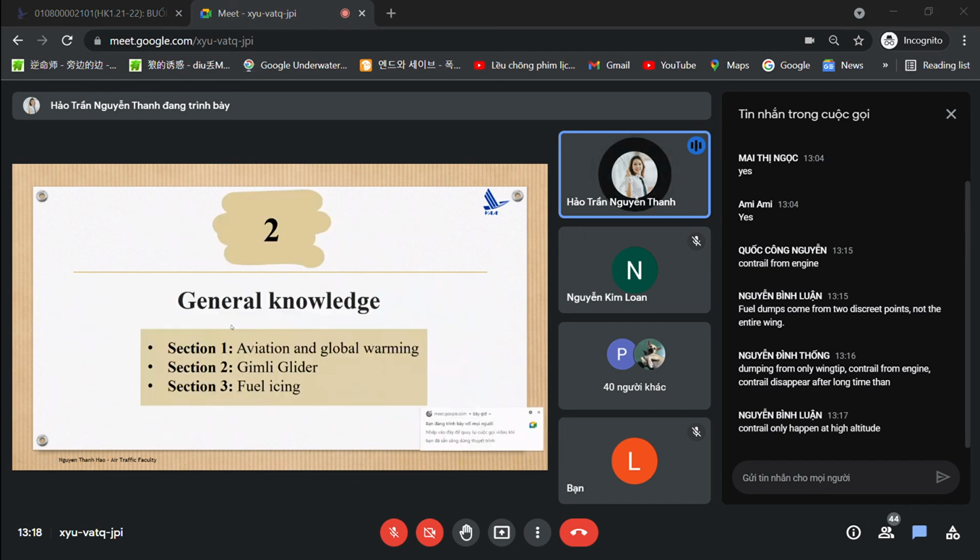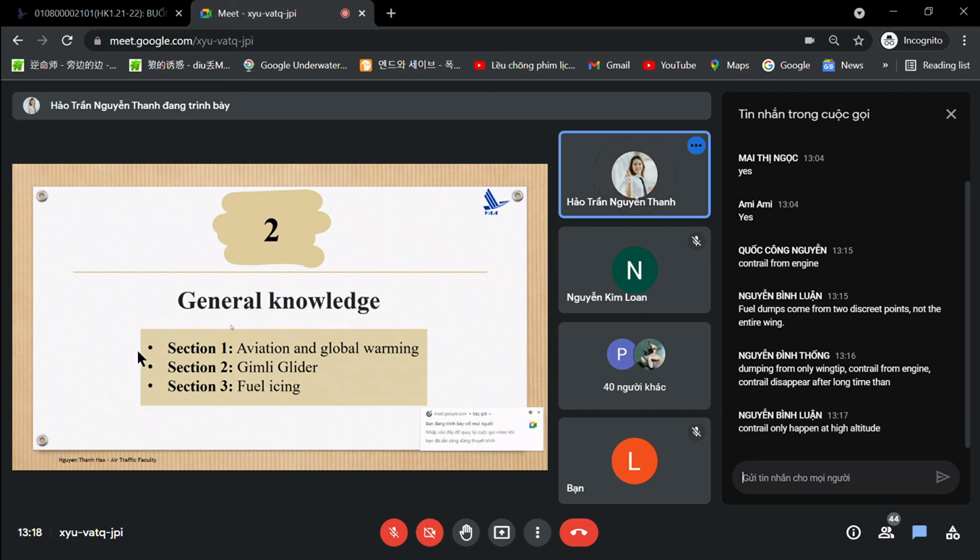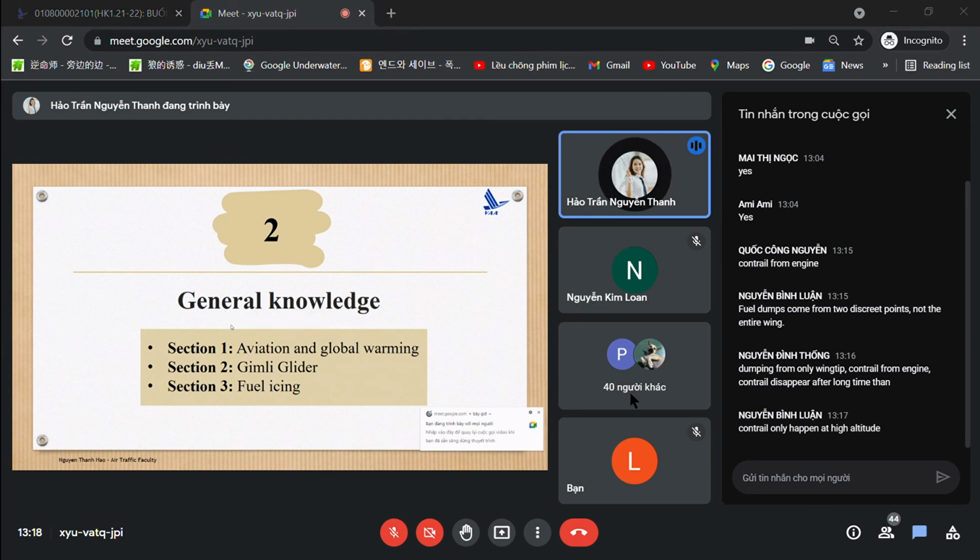Okay, now we can move on to the general knowledge about this unit, and you can open the book. We have three sections relating to this unit. Section one is about aviation and global warming, the environmental issues that I want to introduce.